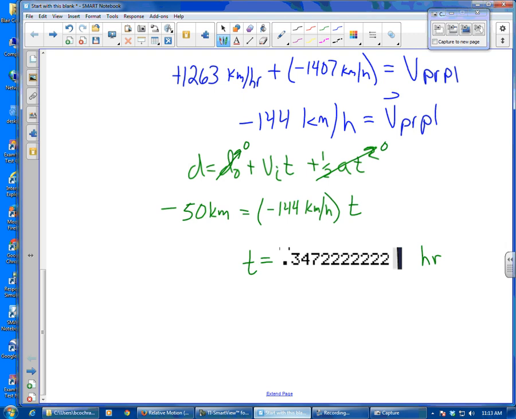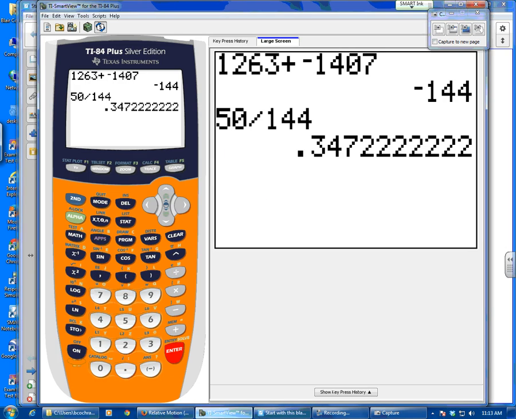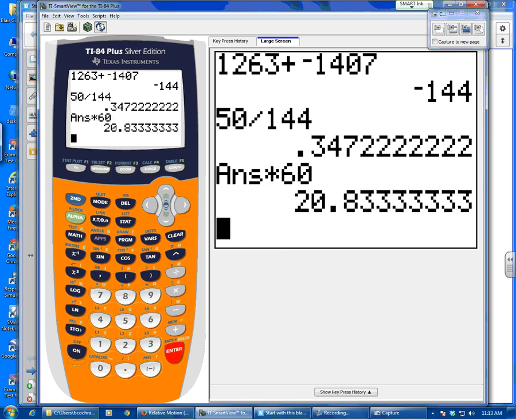And what do they want it in? Minutes. So how do I get from hours to minutes? How about multiply by 60? Times 60. So I get 20.8 minutes.